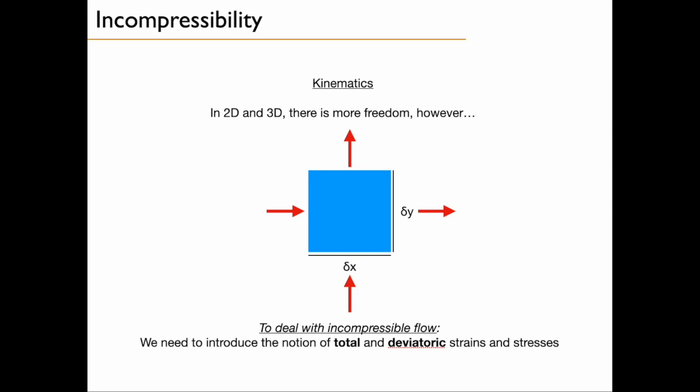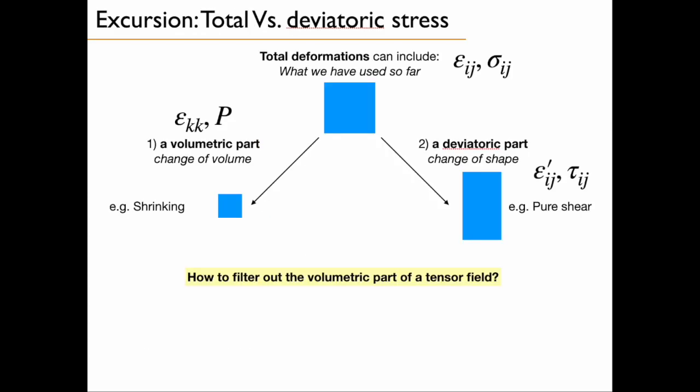To deal with incompressible flows, we now need to introduce the notion of total and deviatoric strains and stresses. The term deviatoric was used in the previous slides, and now we should define what I'm referring to.